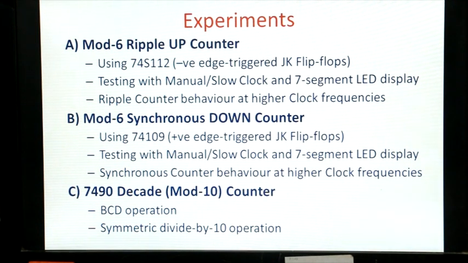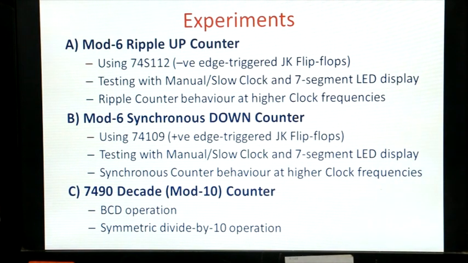We will use a manual clock or a slow 1 Hz clock, and a 7-segment LED display to show you how it cycles through each and every state of the flip-flop. Finally, we would show you this ripple counter working at higher clock frequencies, and we want to show you the problem with the ripple counter.